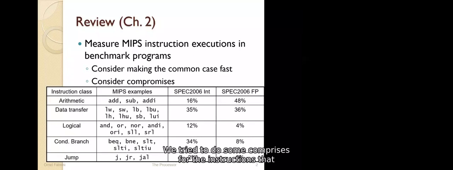So we tried to do some compromises for the instructions that we found out from the benchmarks would be executed more, and that we needed more. So we tried to make them optimized, make them executed better in our processor. And we talked about these instructions.